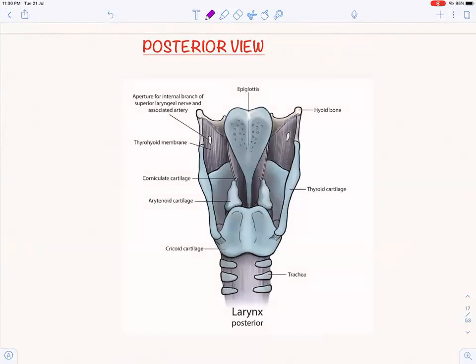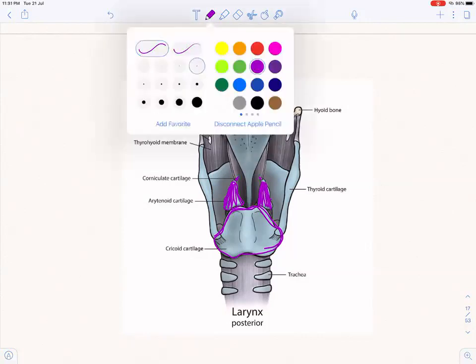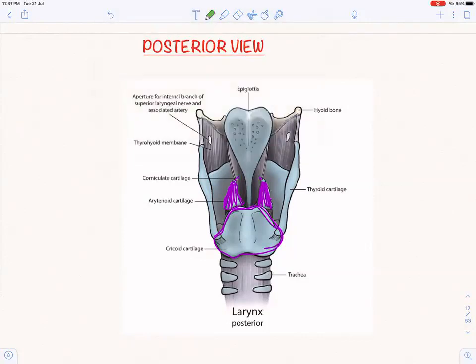In the posterior view, what we can see is the cricoid cartilage. And on this, there is the arytenoid cartilage. On its apex, it is connected to corniculate cartilage.